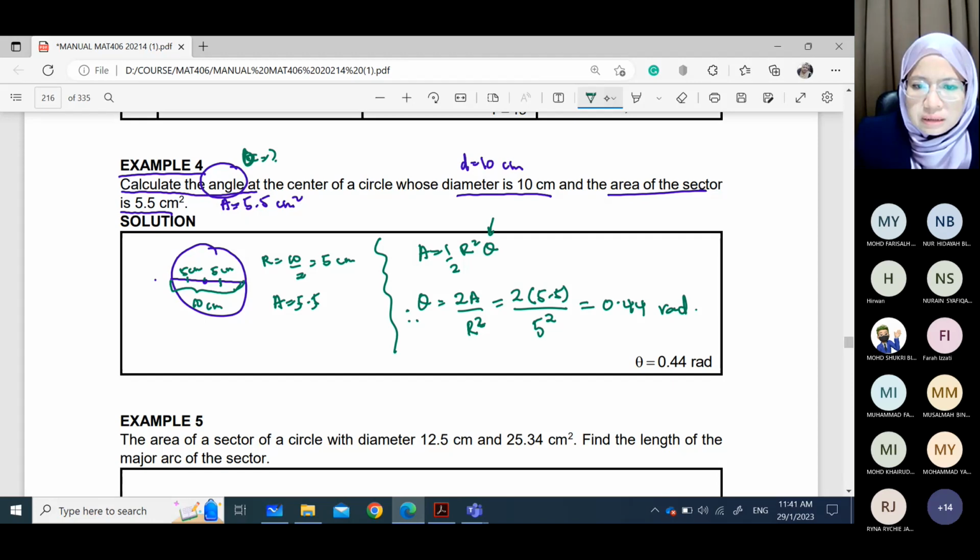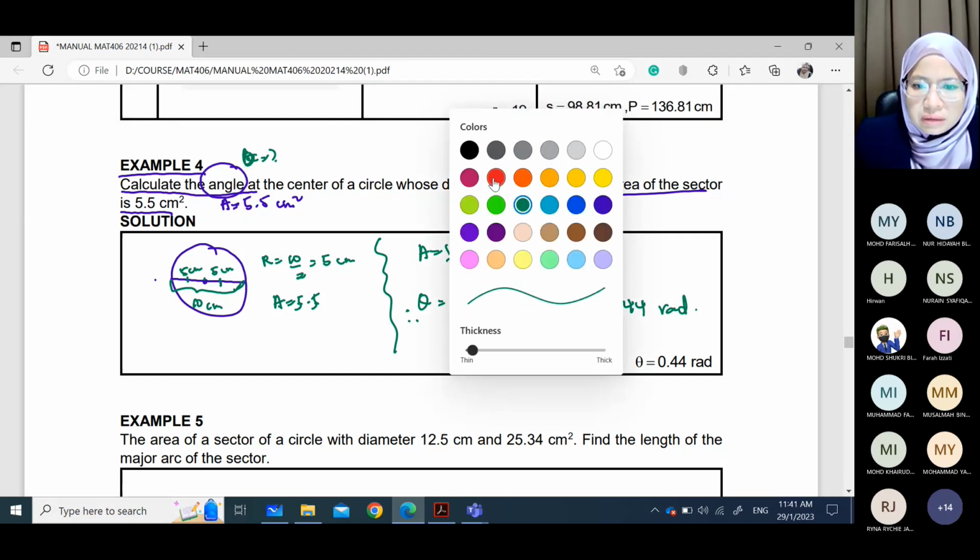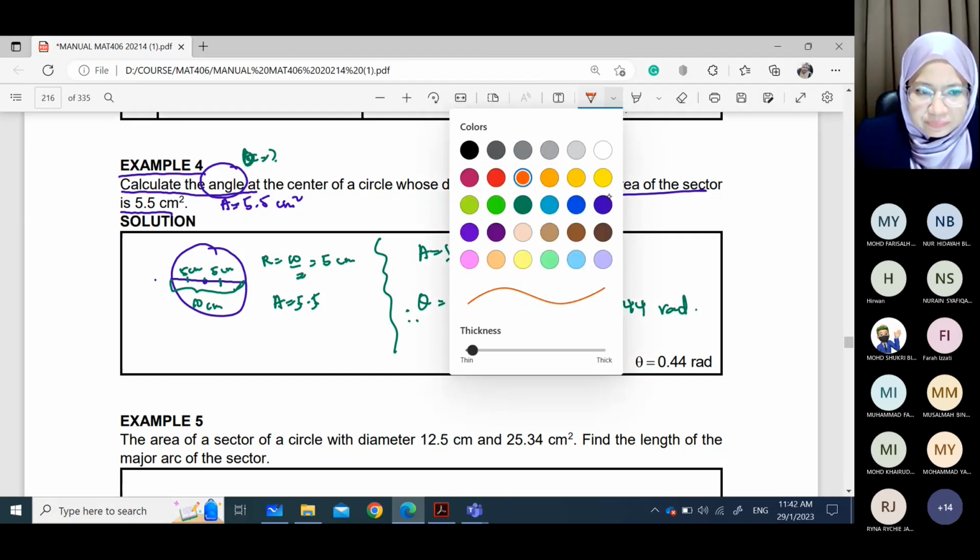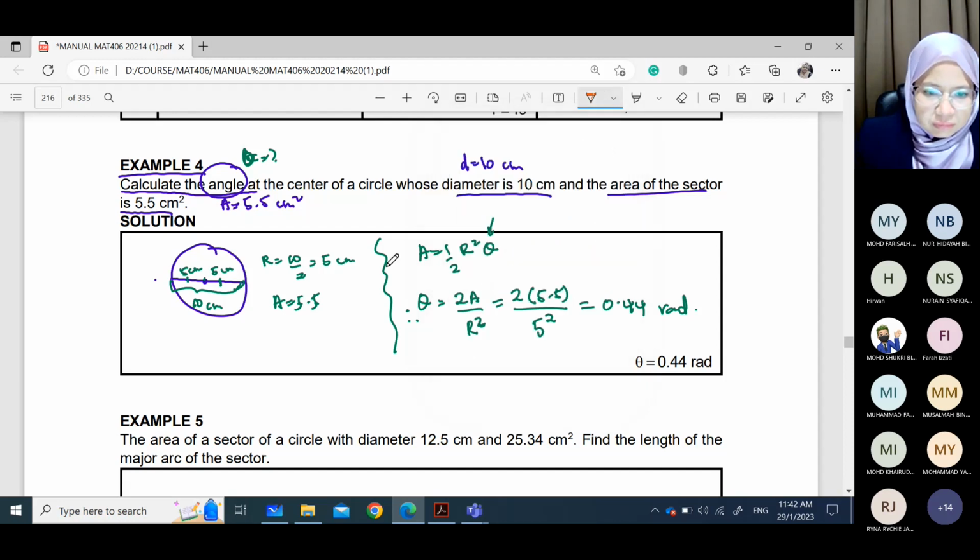So maknanya kalau dalam gambar rajah, yang ini adalah bulatan. Ini adalah center dia. So this is the radius, radius 5 cm. 0.44 radian, ini lebih kurang theta dia.